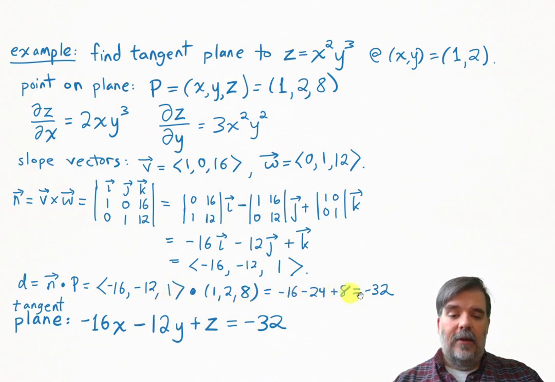And when you add that all up, you end up with negative 32. Therefore, the equation of the tangent plane to this surface is negative 16x minus 12y plus z equals negative 32.